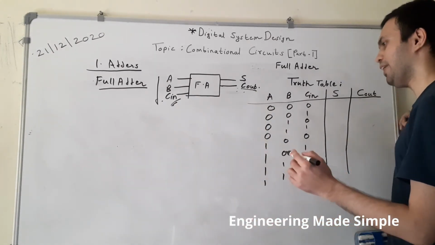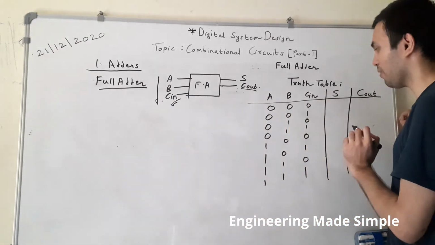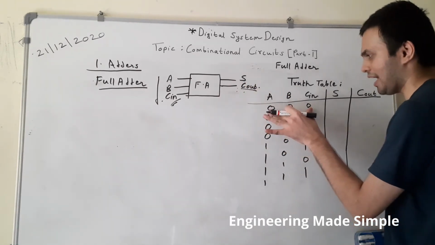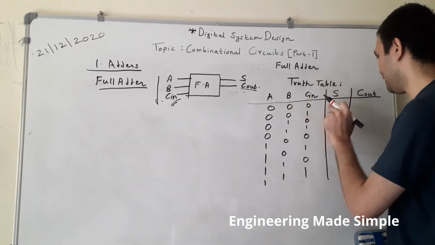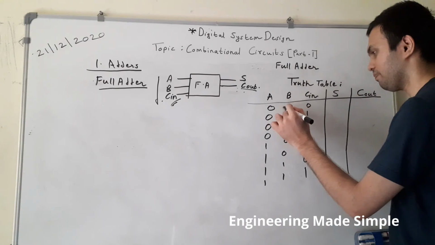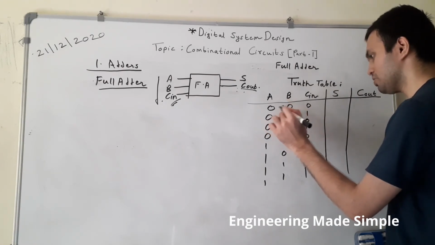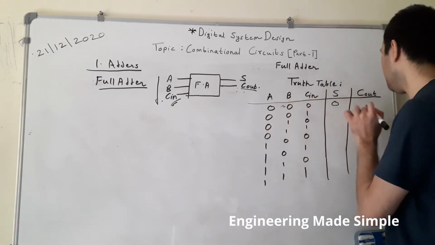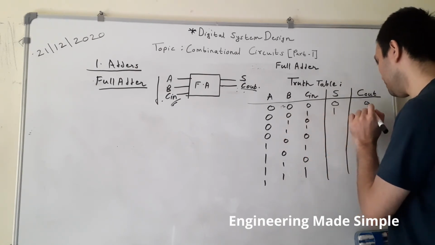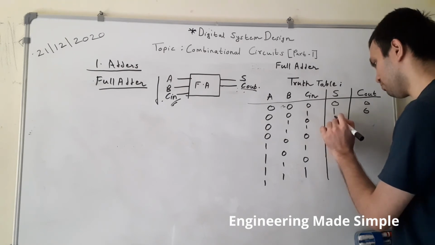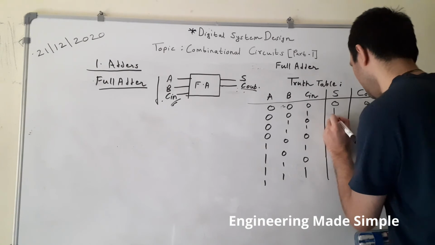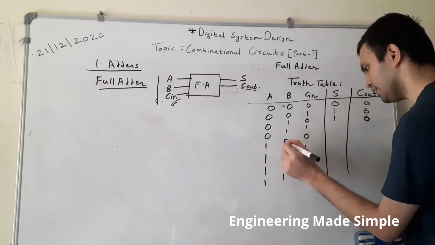Now this is a 3-bit addition, so I have written the truth table for this full adder. It is nothing but 3 single bit addition. So A plus B plus C in will generate the corresponding outputs, sum and carry. So 0 plus 0 plus 0, sum will be 0, carry will be 0. 0 plus 0 plus 1, sum will be 1, carry 0.